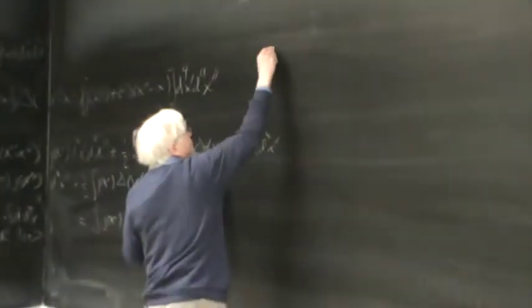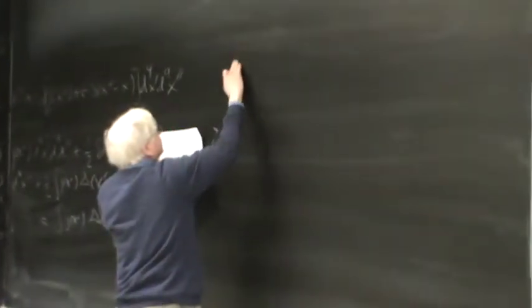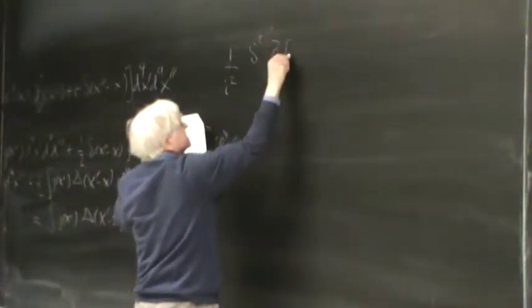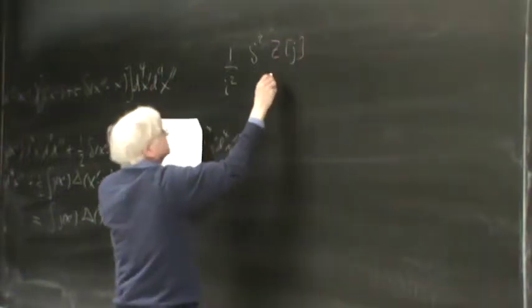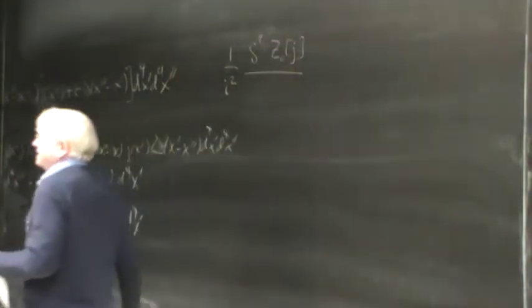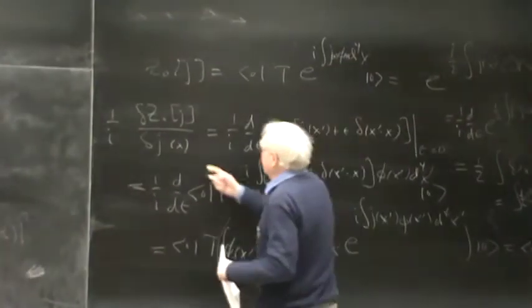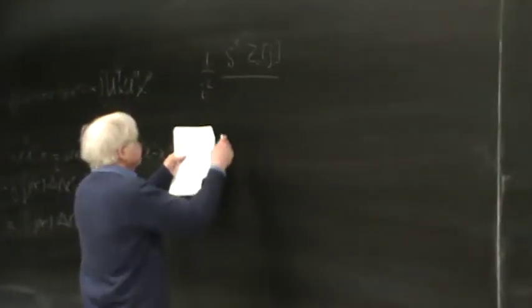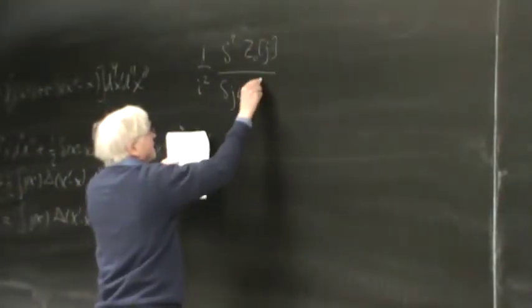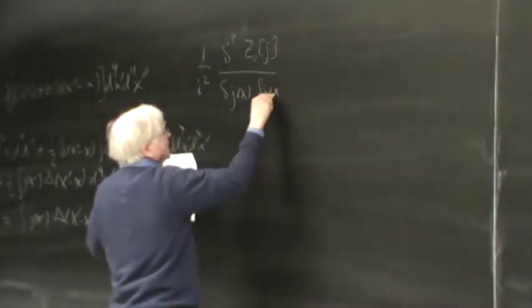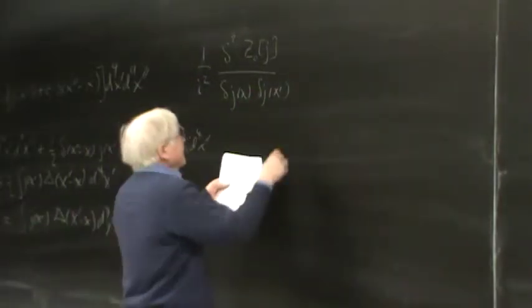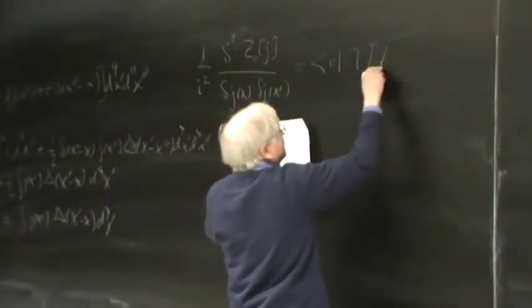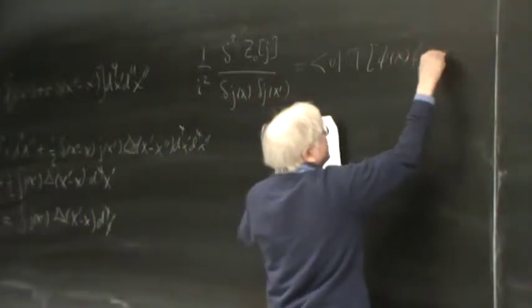In fact, if we do 1 over i squared, the second derivative of Z of J, Z0 of J. Yeah, I sometimes drop the 0. 0 means we're talking about the free theory. If we now do that, what we get is, on the one hand, the vacuum expectation of the time ordered product of phi of x and phi of x prime.